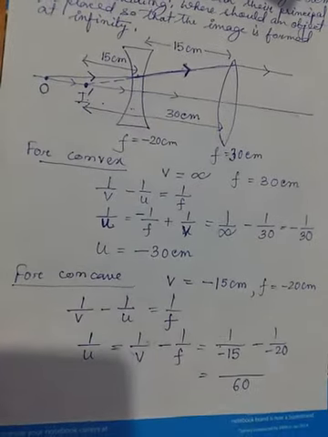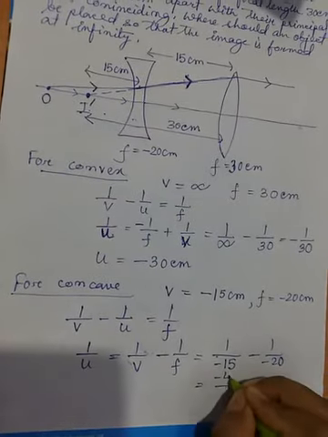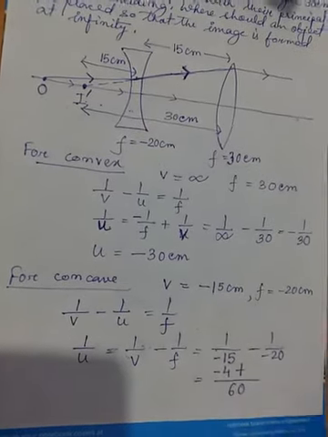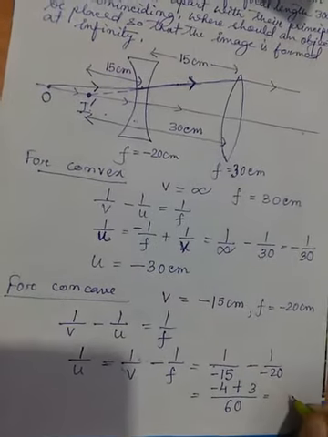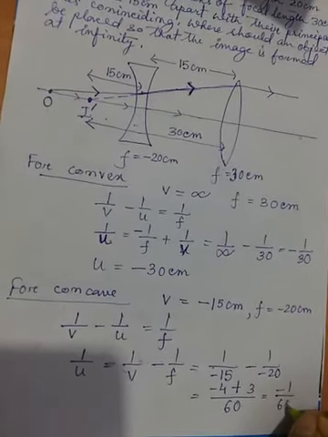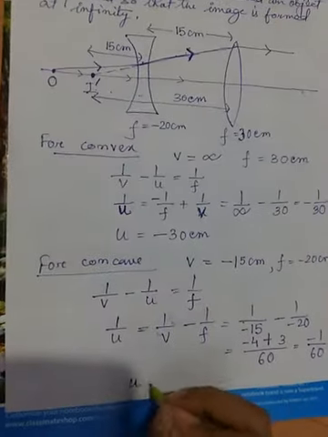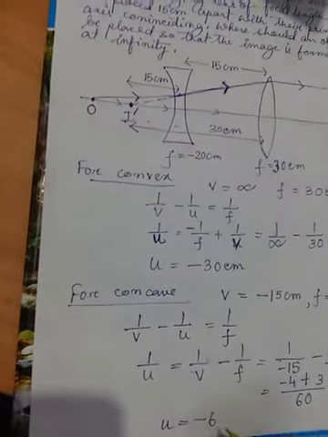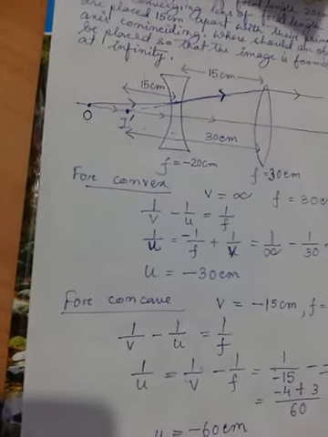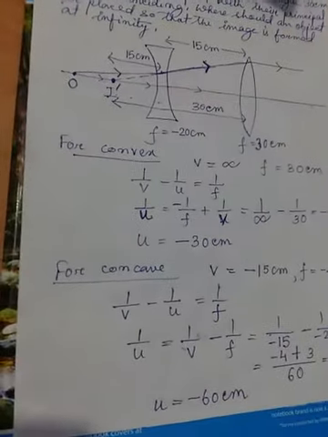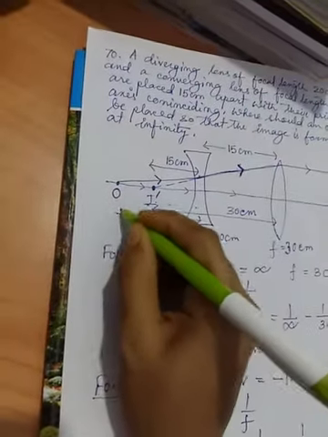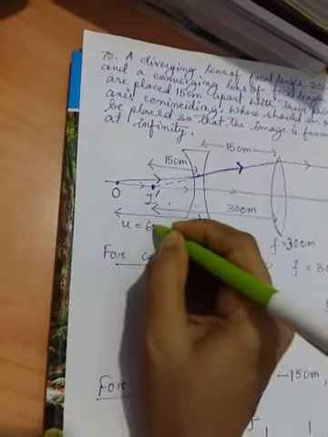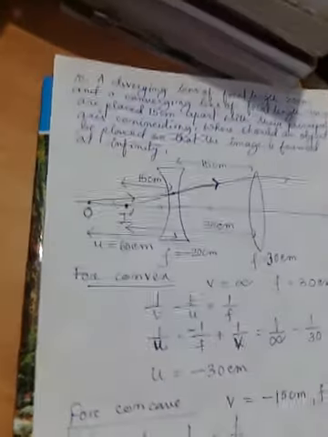The LCM is 60, so minus 4 plus 3, which equals minus 1 by 60. So u equals minus 60 centimeter. The minus sign means our calculation is correct.